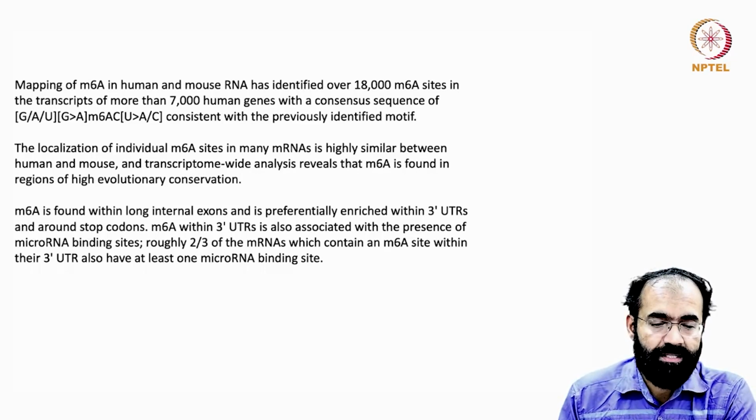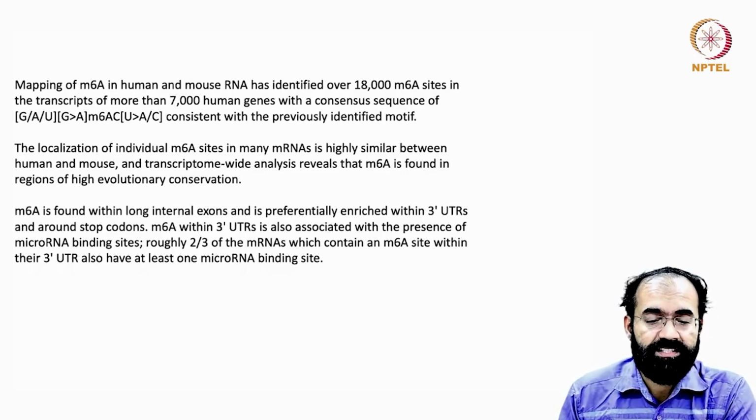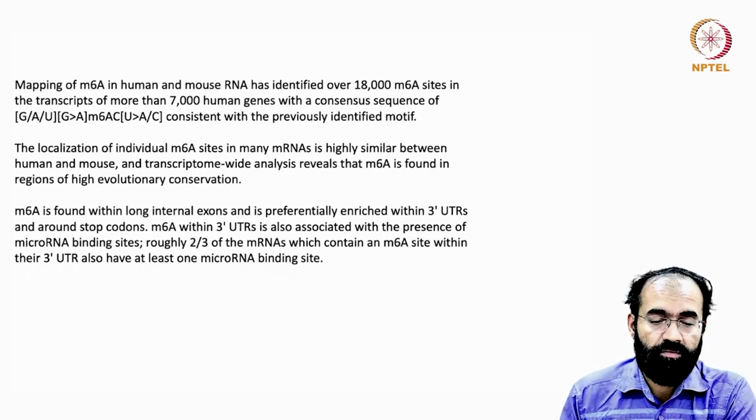It can be G, A or U here, then preferably G, then must be A followed by a C, and then it can be U technically, or it can be tolerated by A or C as well, but U is preferred. This is very consistent wherever such a sequence is there, and it is a very plausible sequence. It's not a rare sequence. You can always find such a sequence, because it's a small stretch.